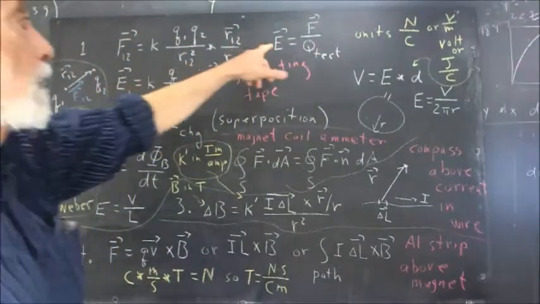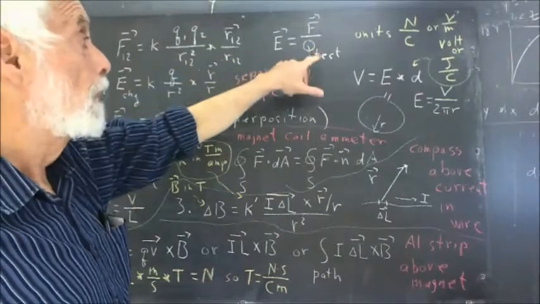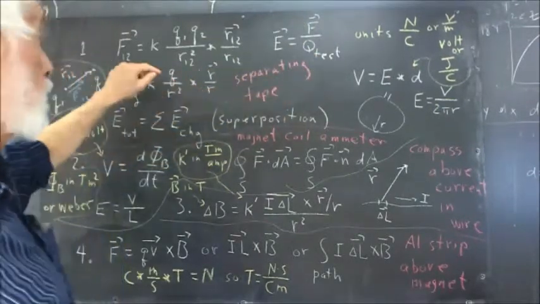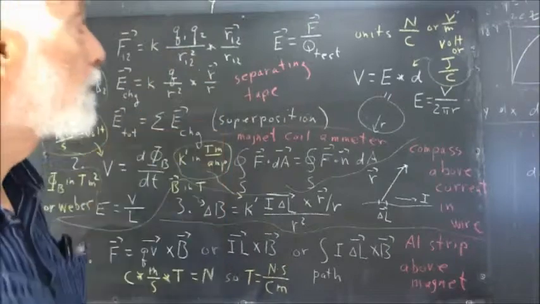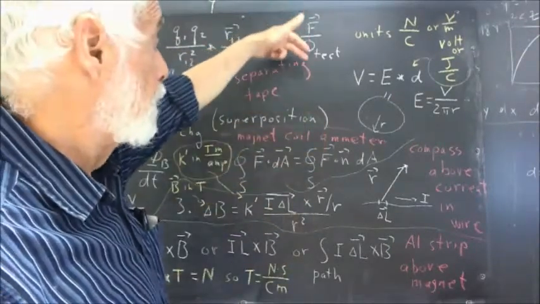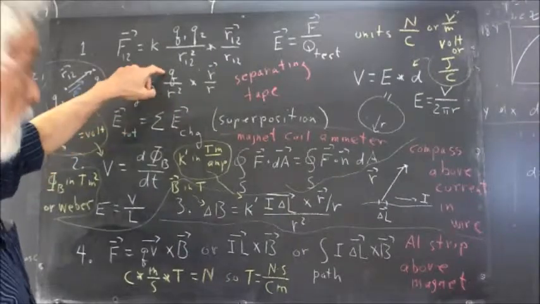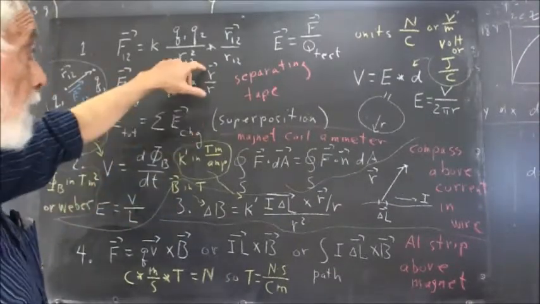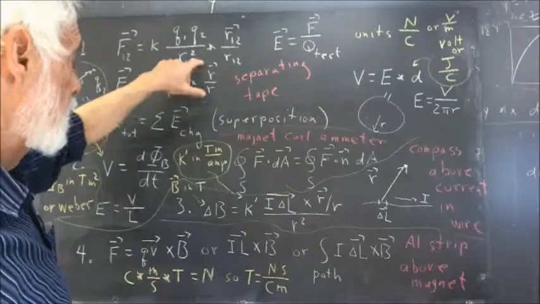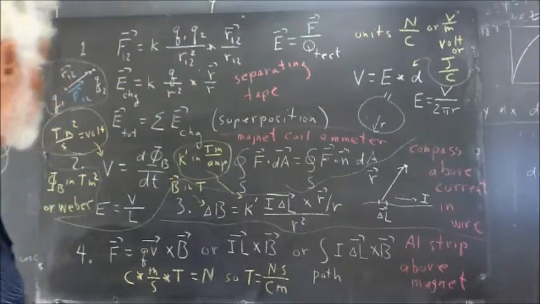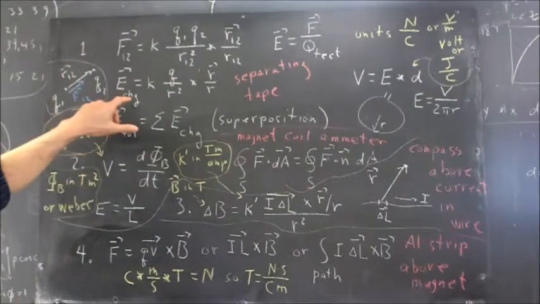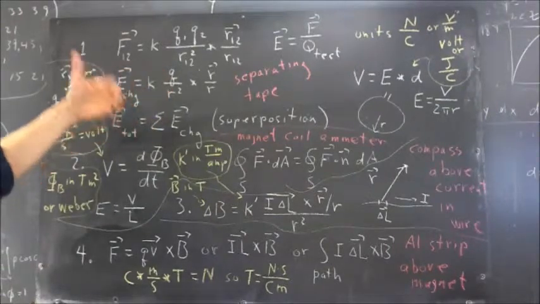If we calculate the force on a test charge due to the charge Q at a point, then we divide that force by the test charge. What are we left with? We're left with just K times Q over R squared times the unit vector, the R vector divided by its magnitude. And that'll be the electric field due to the charge Q at some position.